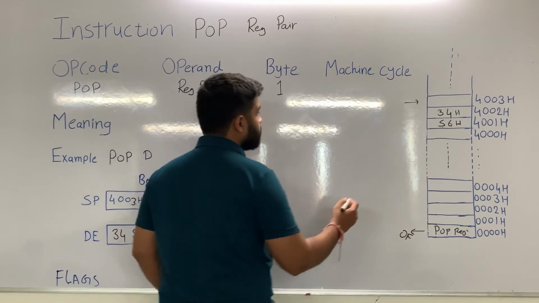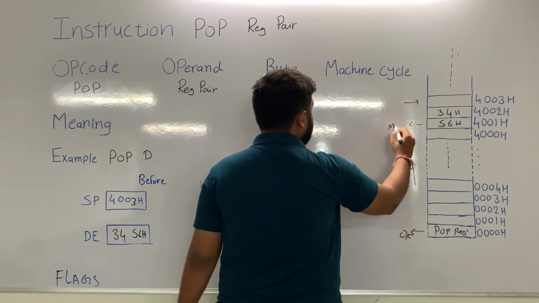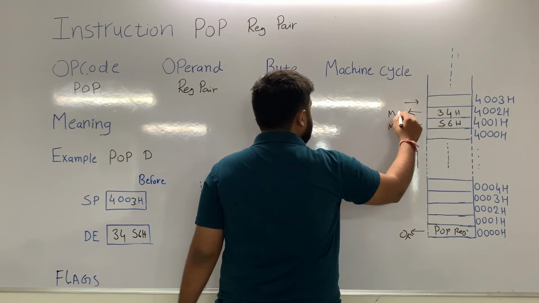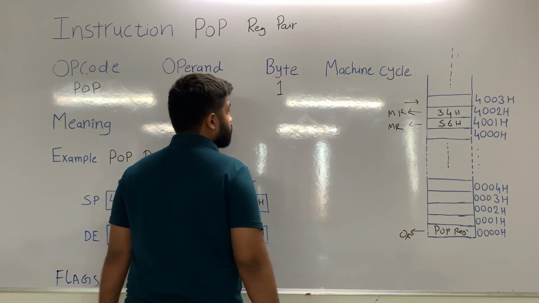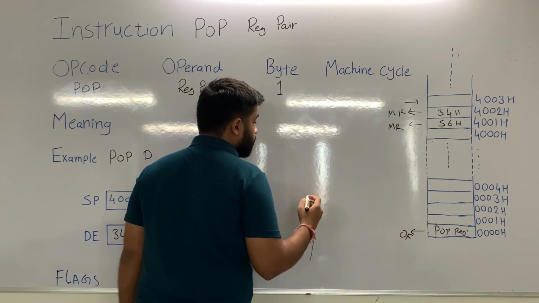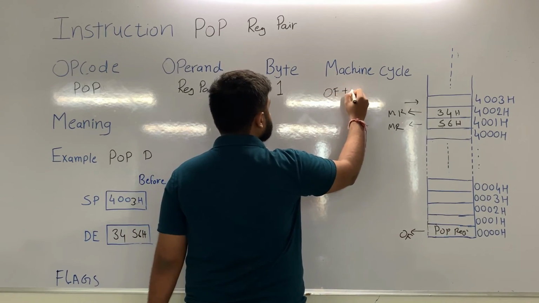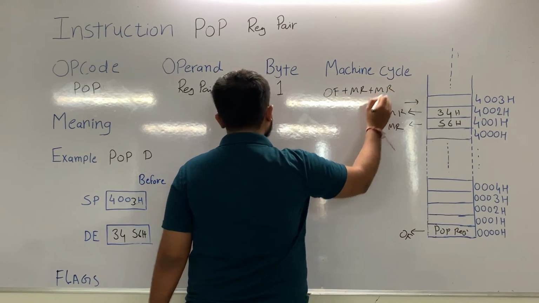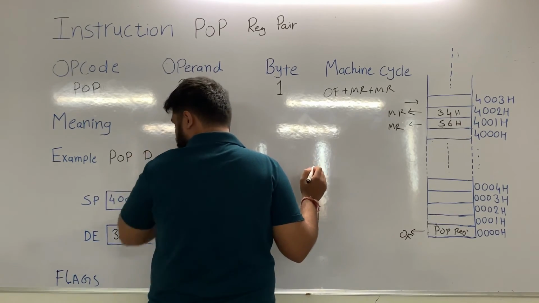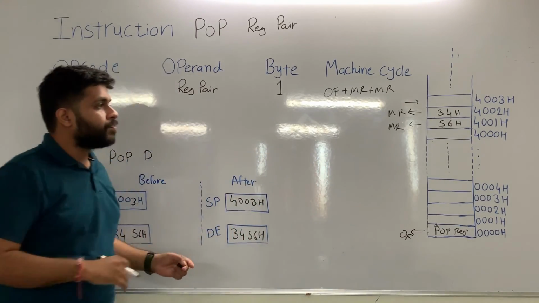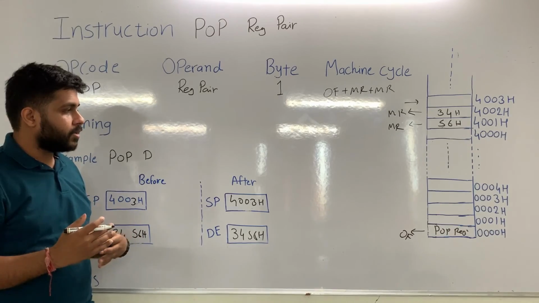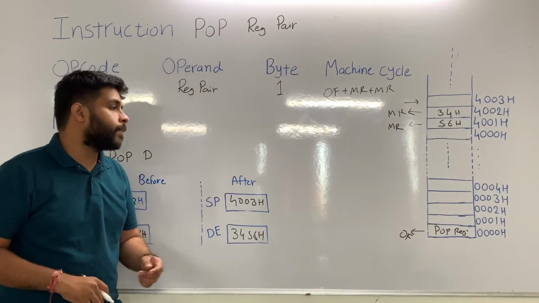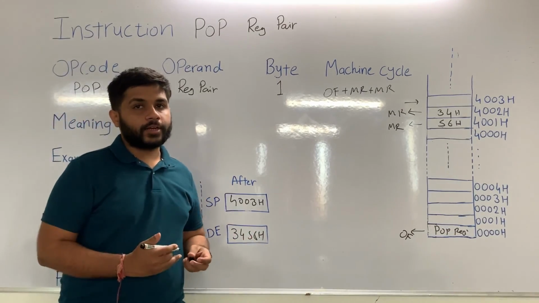And how many times it is reading the data? 2 times. It is performing memory read machine cycle 2 times. So how many machine cycles are required? 3. Opcode fetch plus memory read plus memory read. Now how many flags will be affected? Because this instruction is like a data transfer instruction, no flags will be affected.